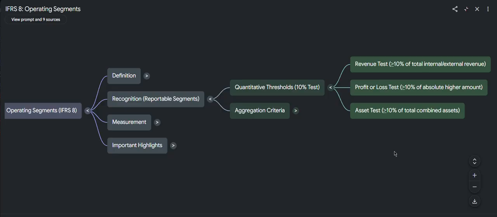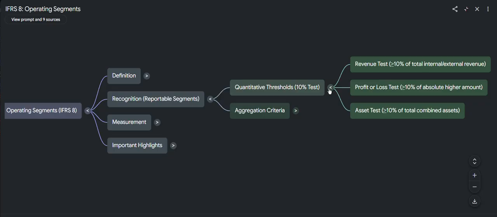For profit or loss, its profit or loss should be greater than or equal to 10% of the higher between profit or loss. For the third one, the asset test, its assets should be greater than or equal to 10% of the total or combined assets. So remember our quantitative threshold.